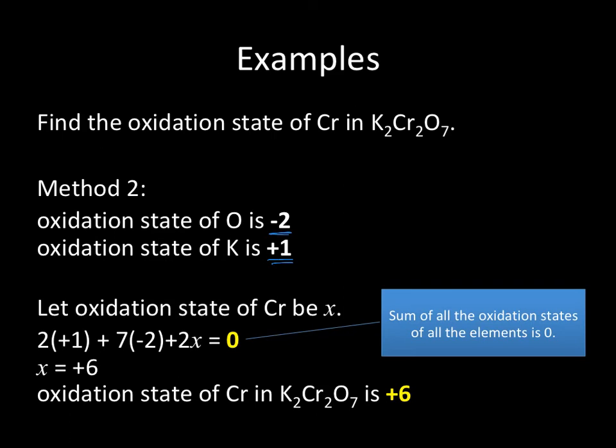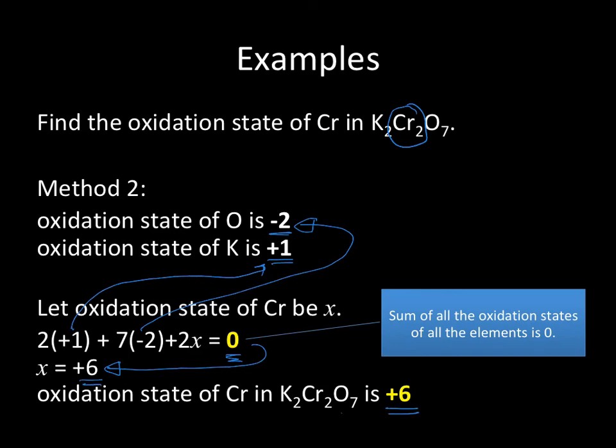So 2 times +1, because this is the oxidation state of potassium, and 7 times -2, because this is the oxidation state of oxygen, plus 2x because I have two chromium ions, and the entire thing, you sum them up together, it will be equal to 0 because the sum of all the oxidation states of all the elements is 0 in a compound. If you solve it, I will still get positive 6. So the oxidation state of chromium in dichromate is positive 6. So it doesn't matter which method you use, both are acceptable.